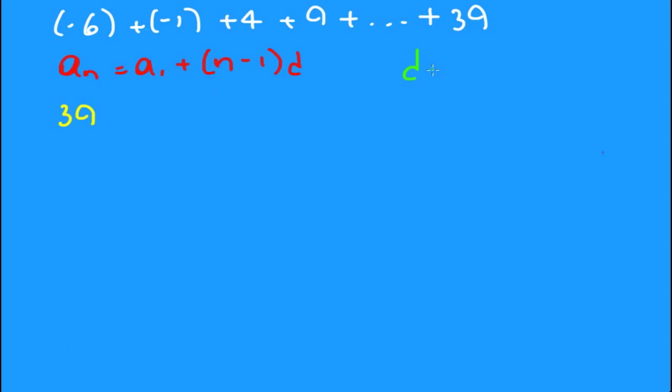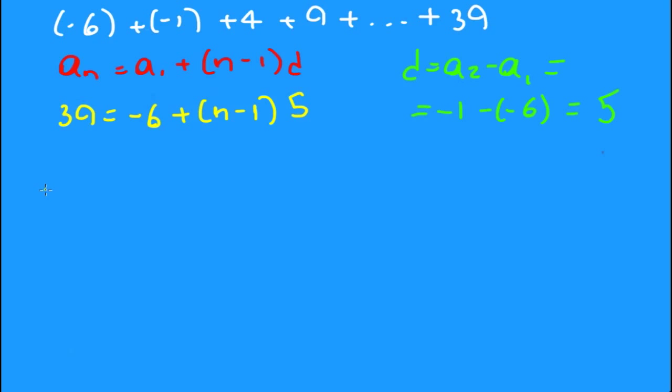The difference is going to be the second term minus the first term, so negative 1 minus negative 6, and that is equal to 5. 5 is our difference. So 39 is equal to our first term, negative 6, plus n minus 1 times our difference, 5.